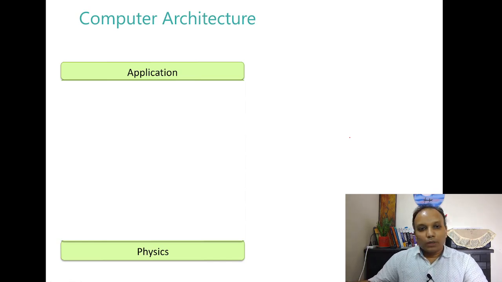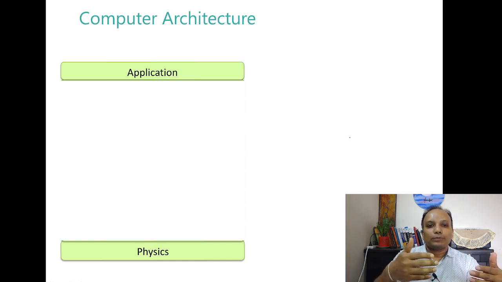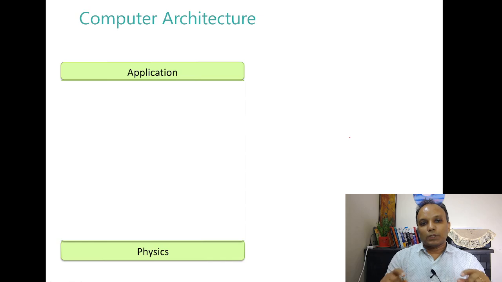So what our computer architecture does, computer architecture at a very broad sense, actually helps us in abstracting out or basically building some implementation layers in between the application and the physical phenomena. So, this concept of abstraction is very, very important, especially in the VLSI domain.